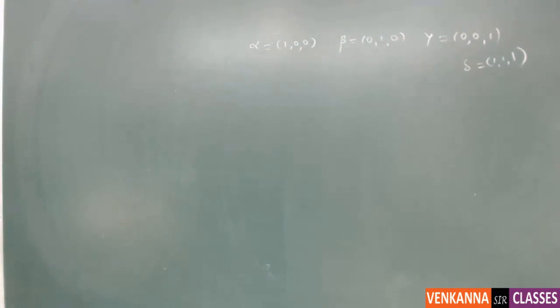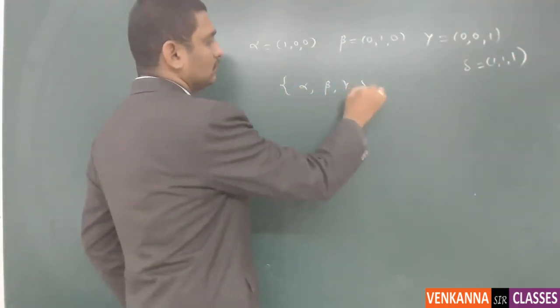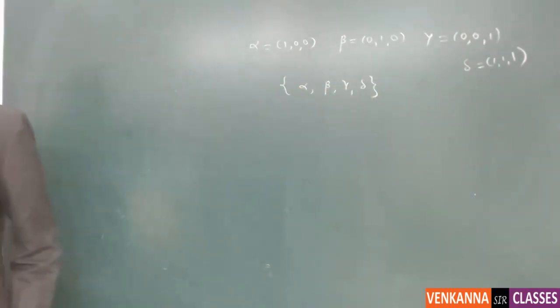Now see, I am saying that if I take all the 4 vectors in one set, then it becomes LD.